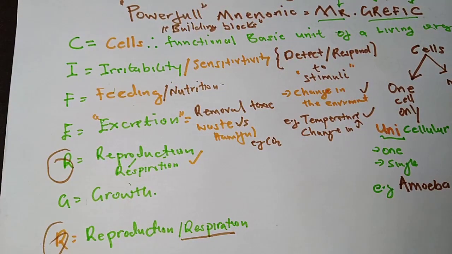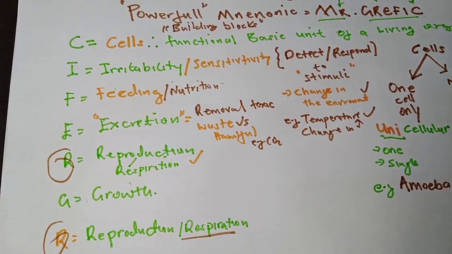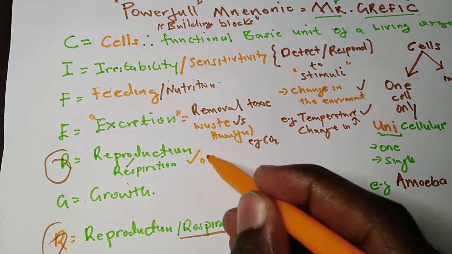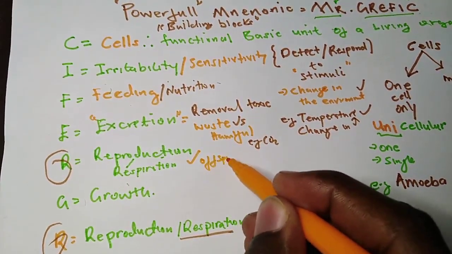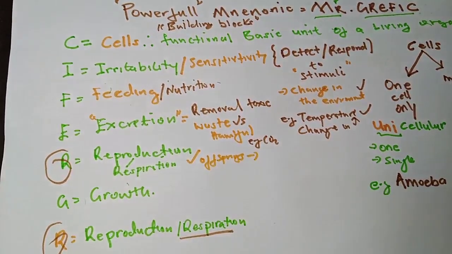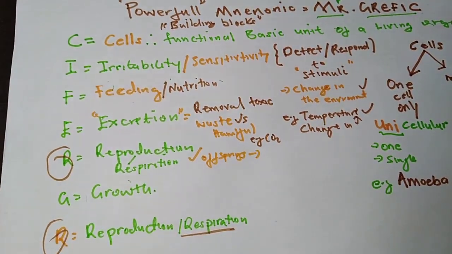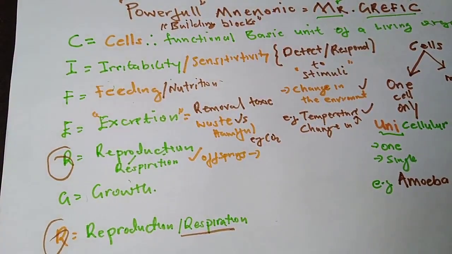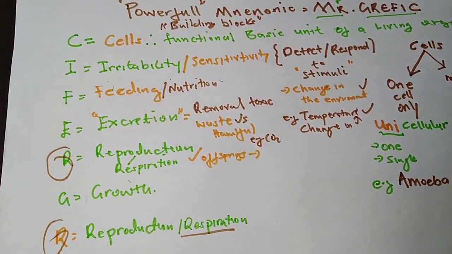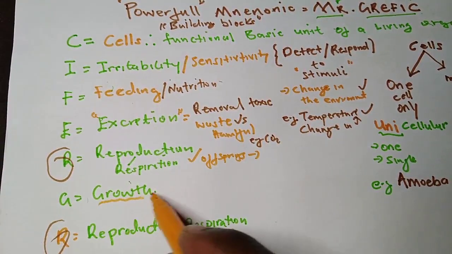Just like human beings, when you get older, you get married and you have children. We call that reproduction. Even plants do that. So both plants and animals exhibit these characteristics.